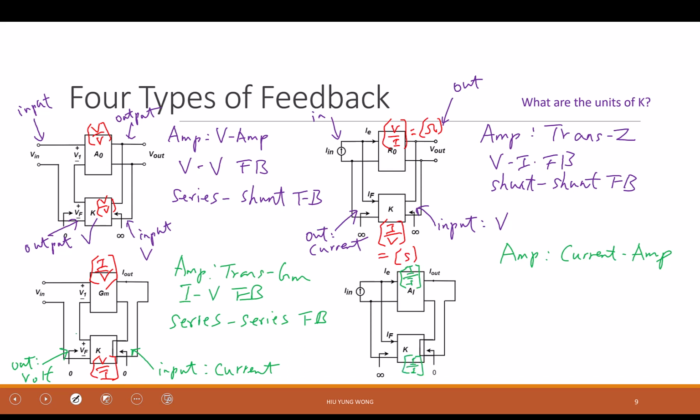Also I over I, unitless, which makes sense. If I look at the input to the feedback, is it a current or voltage? It's a current, because it's current feedback. And the output is the same, current. So this is a current feedback configuration.